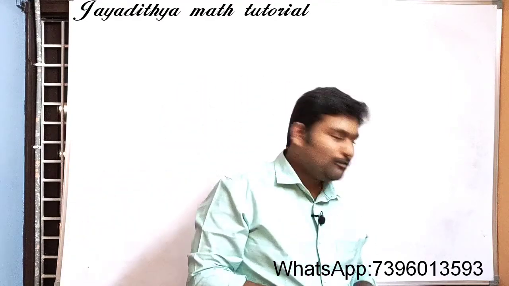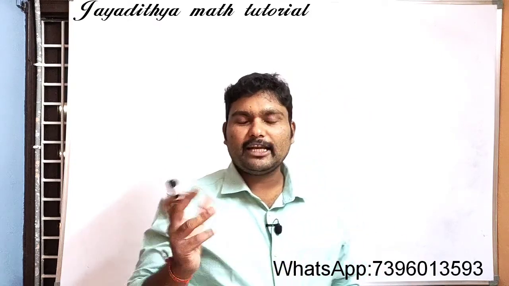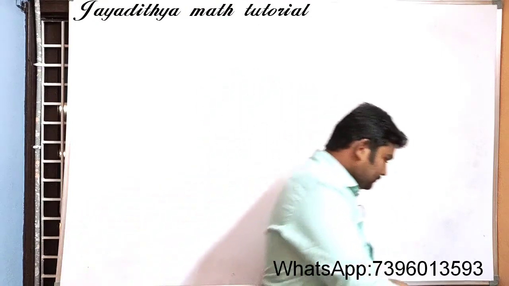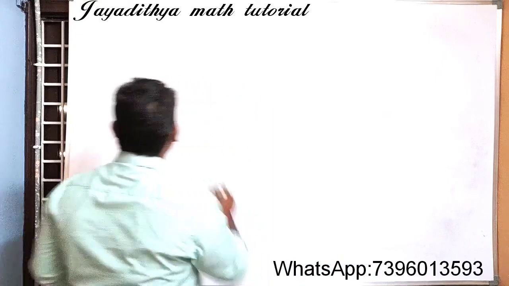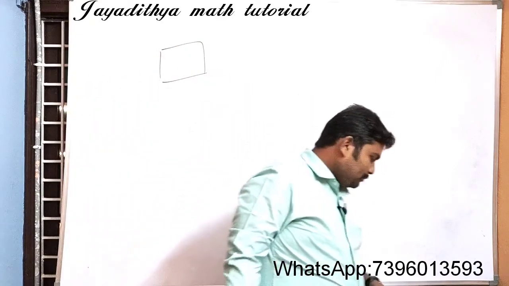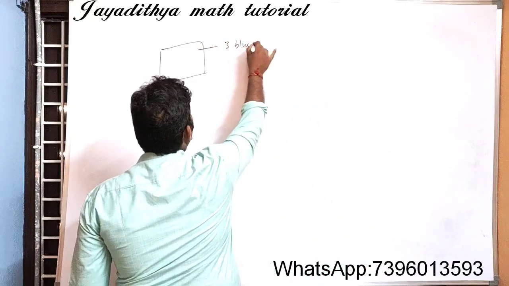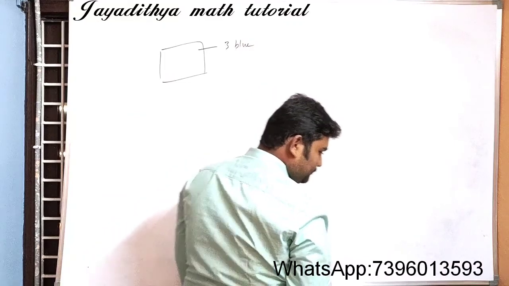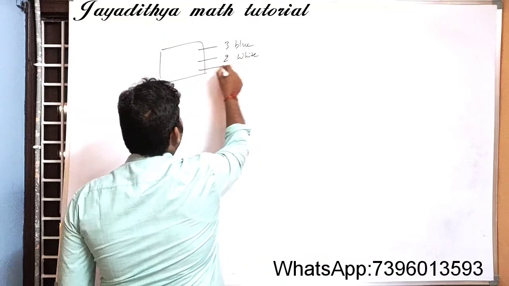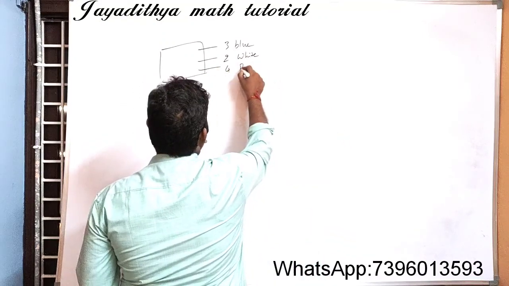Okay, let us start our class now. I told you we are going to discuss some basic problems related to bags or boxes or any container. See here, for example, there is a box. In that box, we have 3 blue color marbles, 2 white color marbles, and 4 red color marbles.